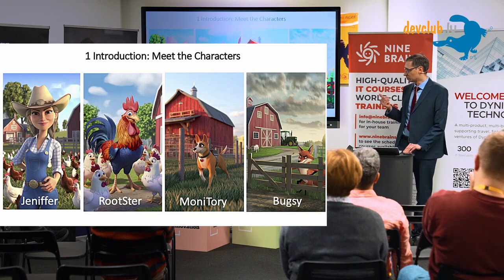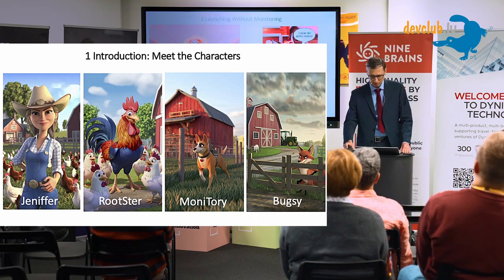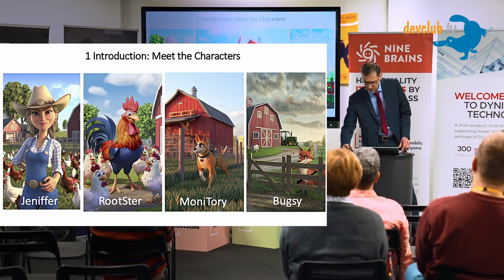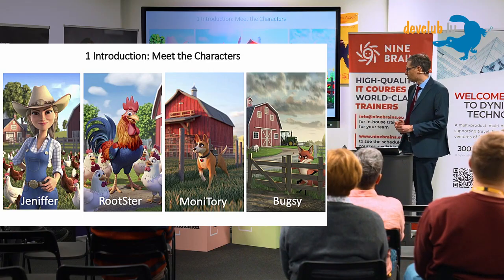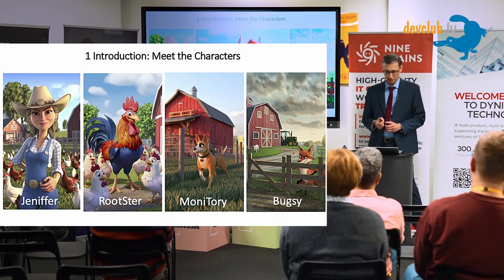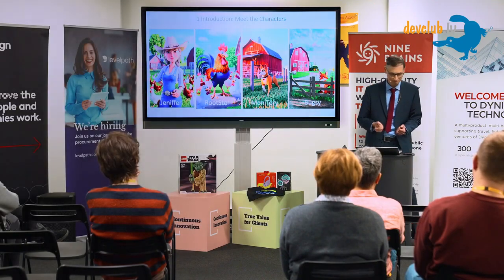The dog, Monitor, is a watchdog responsible for system stability and checking that everything is working fine. And there is Bugsy, a cunning fox, who represents a bug, error, or vulnerability. He always tries to find a backdoor to the chicken coop and use vulnerabilities to get chickens and eggs.